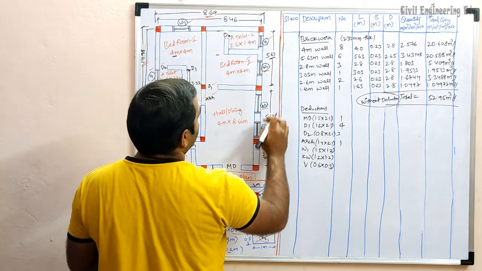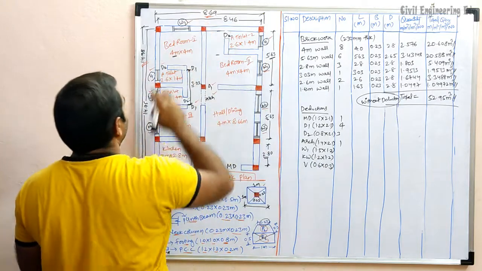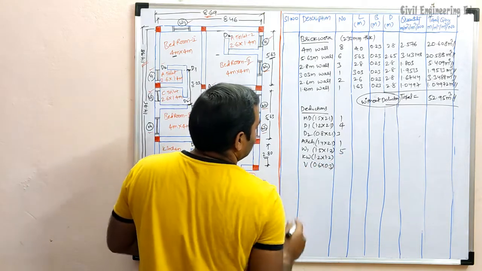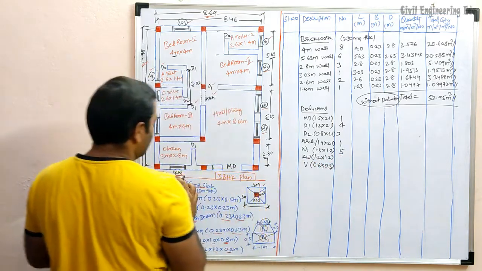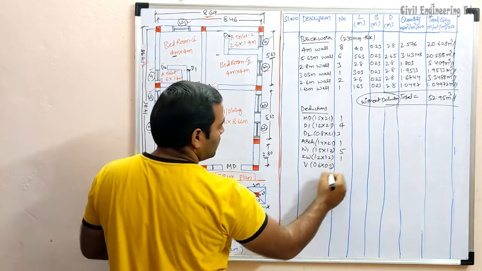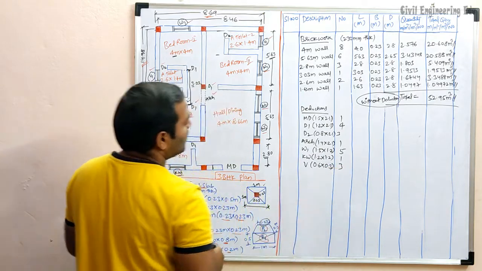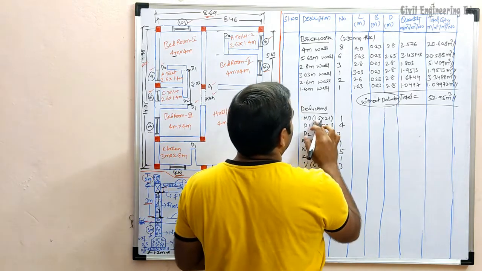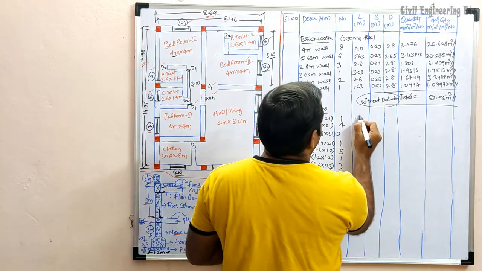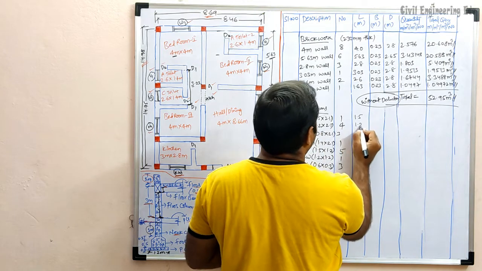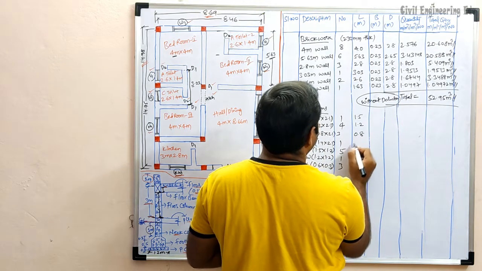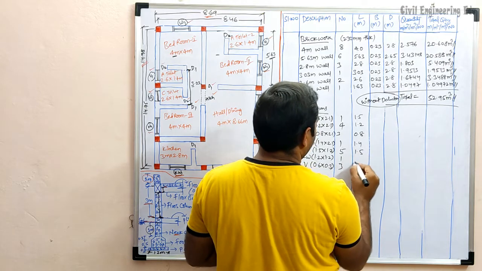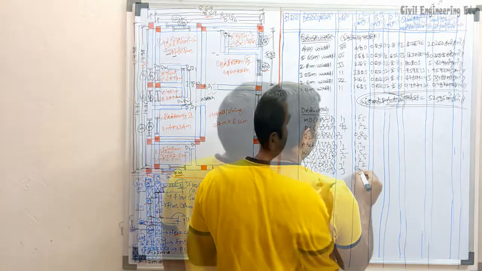Window 1 are 5: 1, 2, 3, 4 and next one is 5. Next one is kitchen window. Kitchen window is only 1. Ventilators are 3 which are given for toilets. So what is the length? Length is this one: 1.5 meter, 1.2 meter, 0.8 meter, 1.4 meter, 1.5 meter, 1.2.